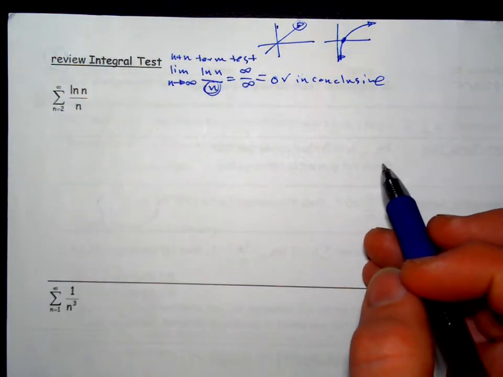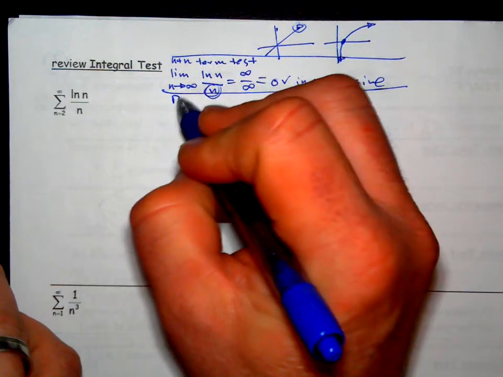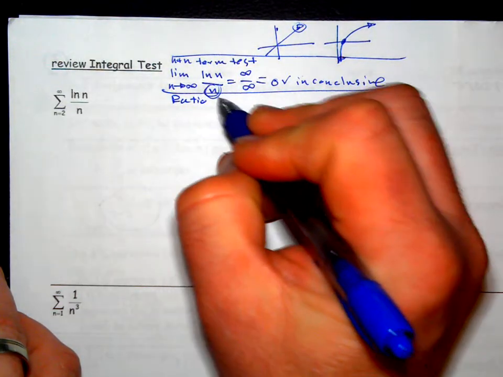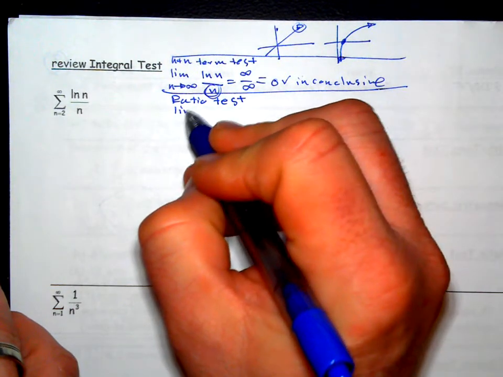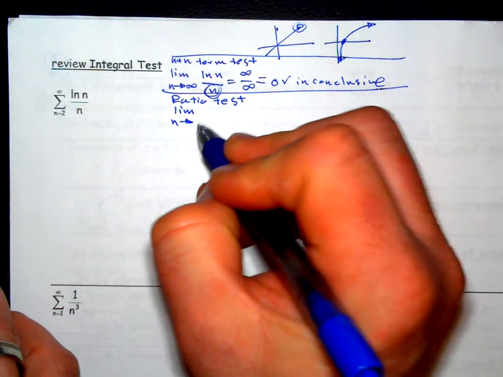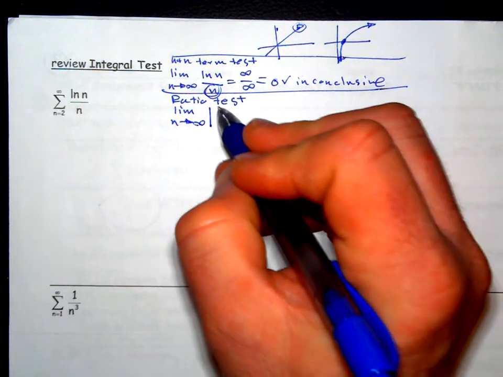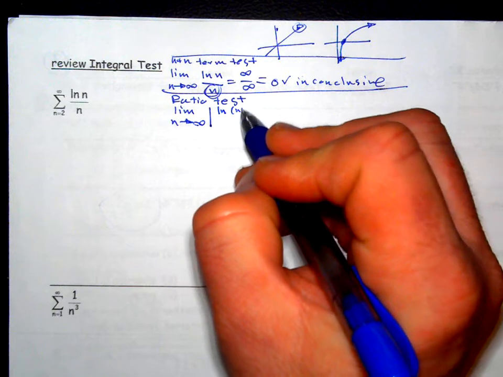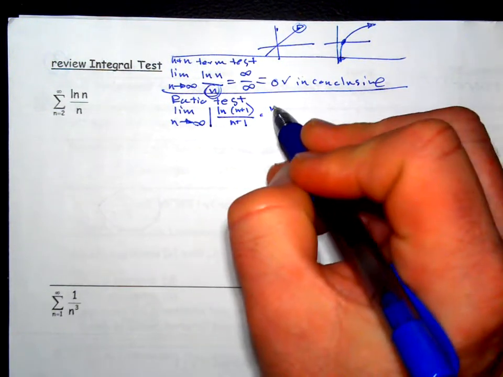I guess we could try a ratio test. Again, the point of these was to practice the integral test, but maybe we'll realize that these other tests aren't helping us out a whole lot. So ratio test: limit as n goes to infinity, absolute value, natural log of n plus 1 over n plus 1, divided by the nth term.